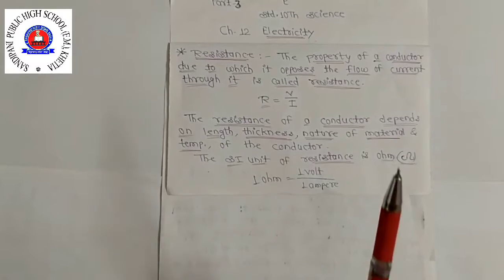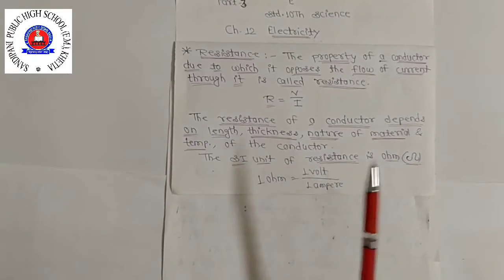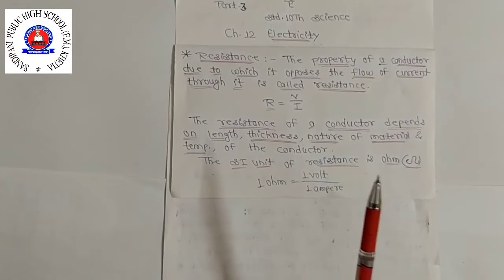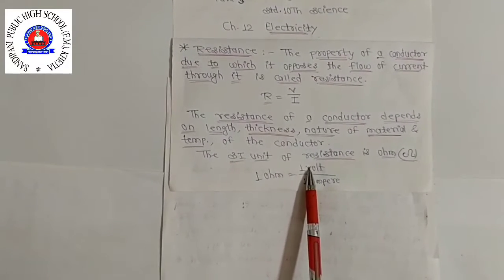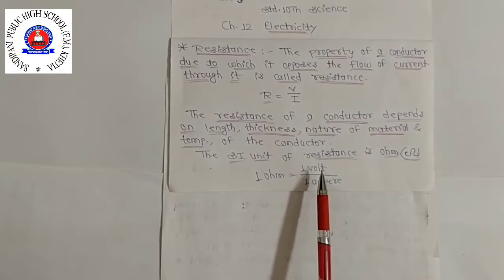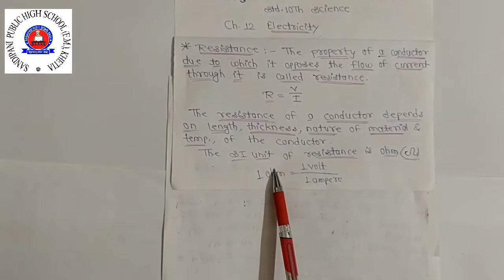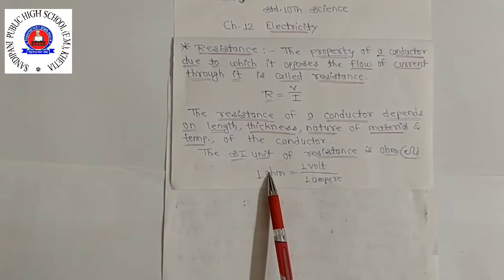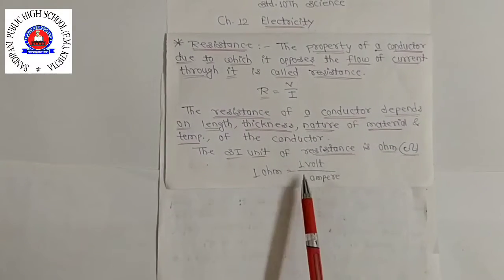So V upon I is equal to R. If the potential difference V is 1 volt and the current is 1 ampere, then the resistance R becomes 1 ohm. So 1 ohm is equal to 1 volt upon 1 ampere.